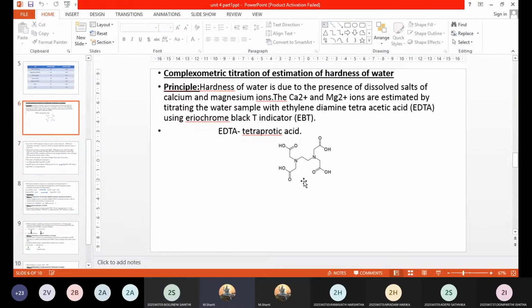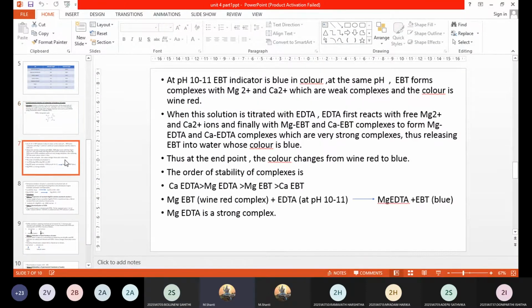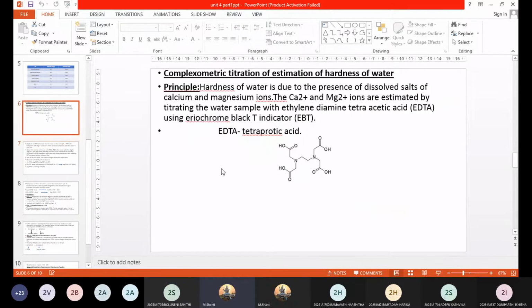But the complex I'm asking about, the one I have drawn: when you have 6 donor atoms surrounding the calcium or magnesium ions present in the water, we get a chelate ring-like structure. So these complexes are called chelates because the donor atoms surround the metal ion in all directions, right?